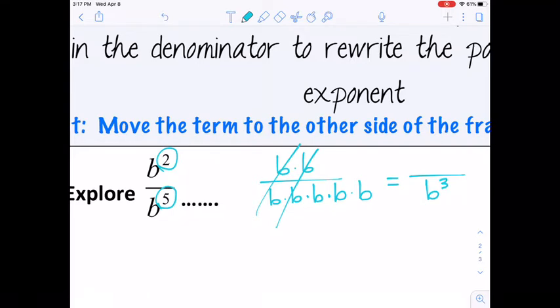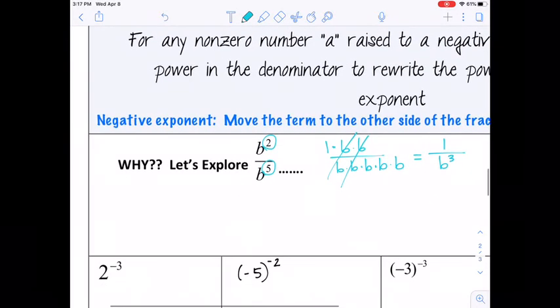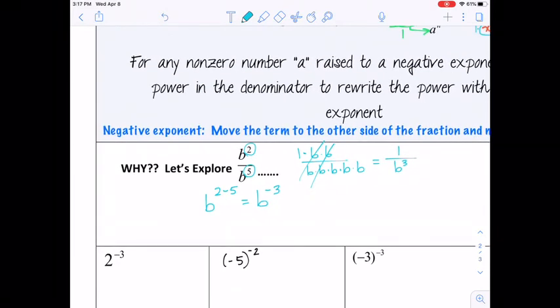There's no b's left in the numerator, but remember, I can always multiply everything times 1. There's that invisible 1 up there. So I put 1 over b to the 3rd. If you do the subtraction method, we would get 2 minus 5, which would be b to the negative third. But we know that that is 1 over b to the third.